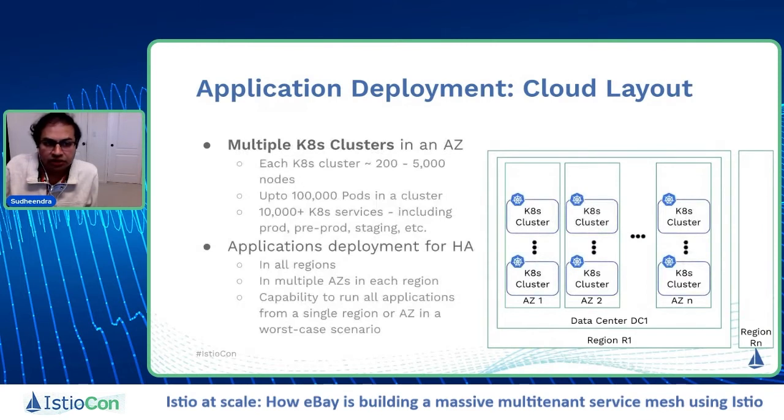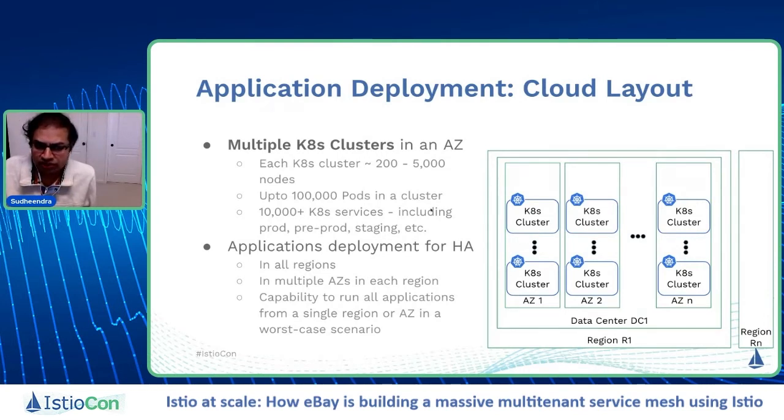Now, for Kubernetes, we have a number of Kubernetes clusters that are deployed across these availability zones. We map the Kubernetes clusters to be within an availability zone. The idea is it follows a shared nothing architecture, and the Kubernetes clusters that are hosting the microservices don't span multiple AZs.